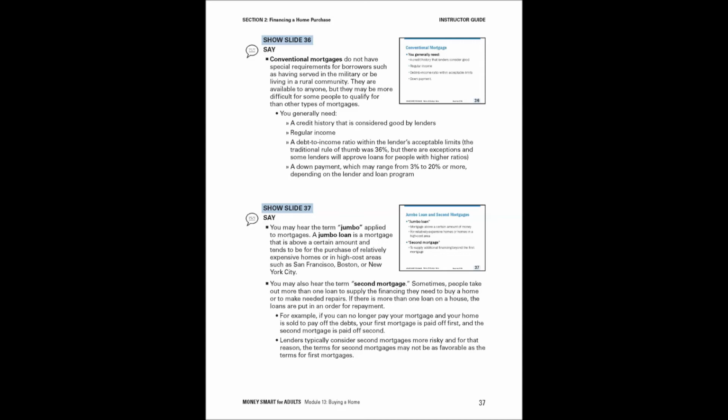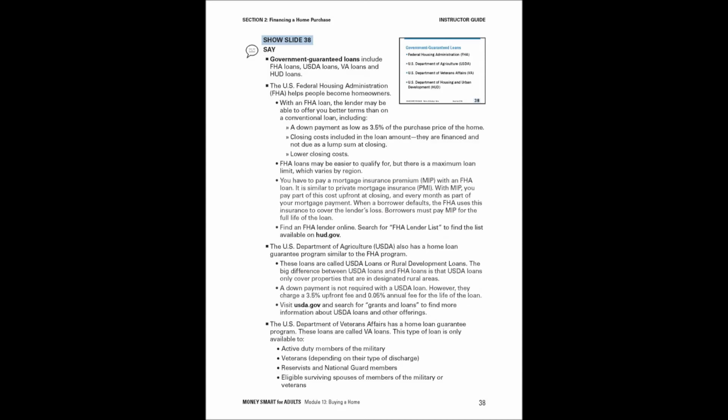You may also hear the term second mortgage, and you want to explain to people that a second mortgage is another lien that's part of the financing package, and some people get second mortgages as part of their purchase process, and that's okay. We just want to make sure that people understand that these do exist, and it's normal for people to consider that as part of the process.